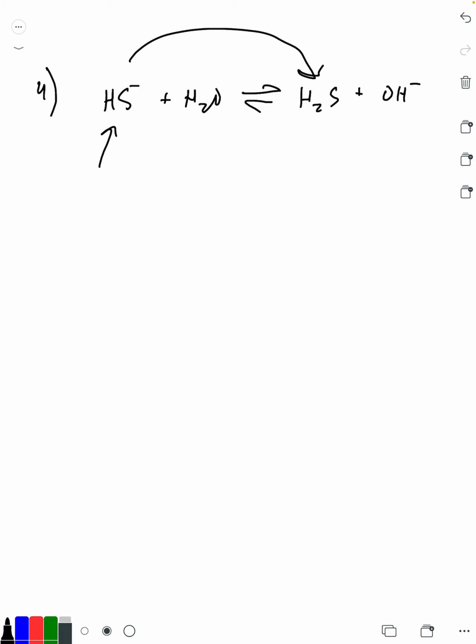So adding acid is going to create more of this conjugate acid. Adding base is going to deprotonate this guy and turn it into this guy. So adding base removes the conjugate acid that's present and creates more conjugate base. This is what raises the pH, and why adding acid lowers the pH, because it creates more of this guy.